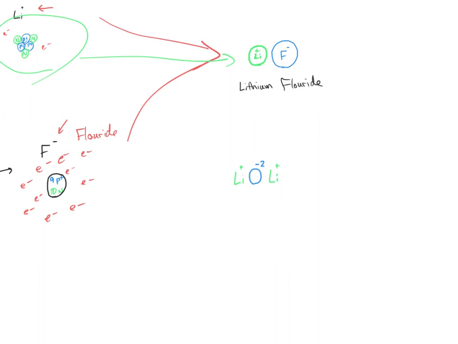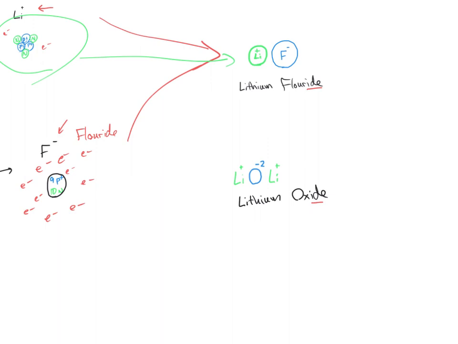The name of this compound, I'll name it first, and then I'll write it the way that we actually write it so it's easier to understand. This is lithium oxide. Now you notice fluoride, oxide.